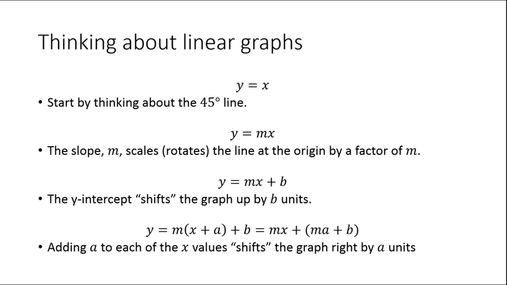You can see that with lines pretty clearly. Now that we have those concepts of stretching and shifting graphs, we're going to look at some basic graphs for the different functional forms.